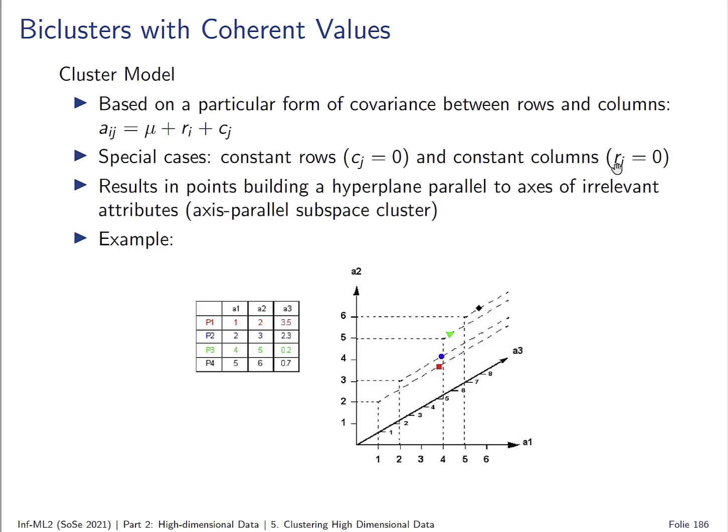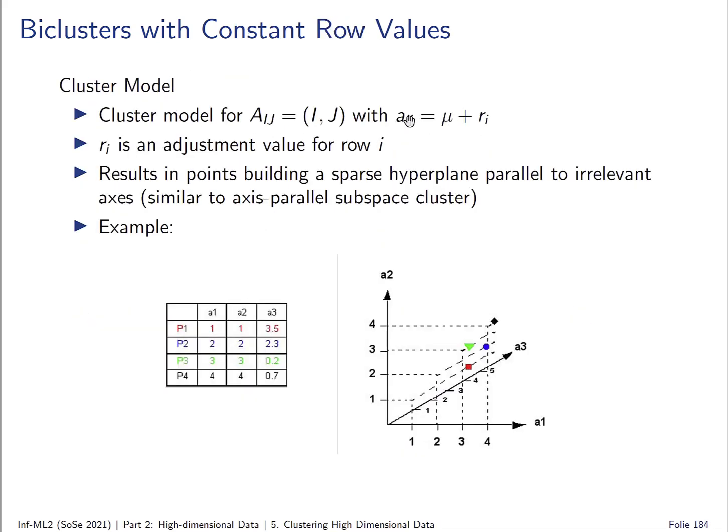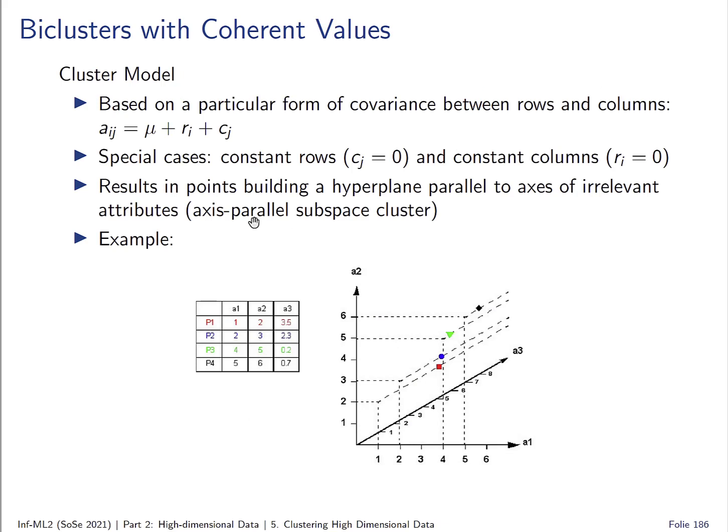So Ri is 0 for all the rows, then we have constant columns, and if Cj is 0 for all the columns, then we have constant rows, obviously. Okay, just compare that with the previous things here. Okay, so that is the basic cluster model.